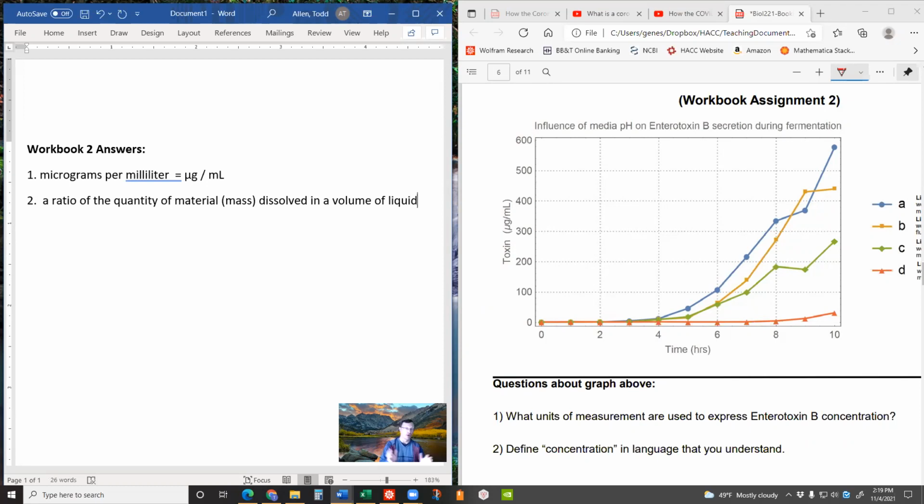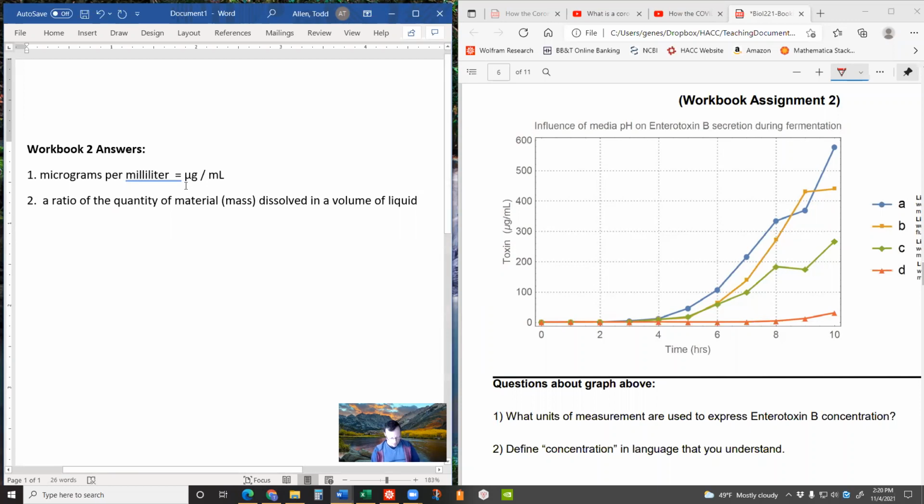There certainly are alternative ways you could define concentration, but this is one way that is pretty standard from a biology perspective. A ratio of the quantity of material dissolved in a volume of liquid, such as micrograms per milliliter, right?